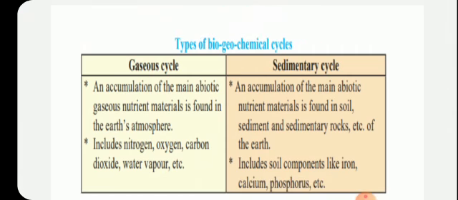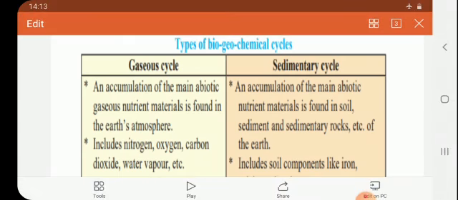But this transfer of these biological, geological, and chemical sources is not so simple. It takes certain stages for transferring the energy from these nutrients. And these nutrients also are not of only one type.